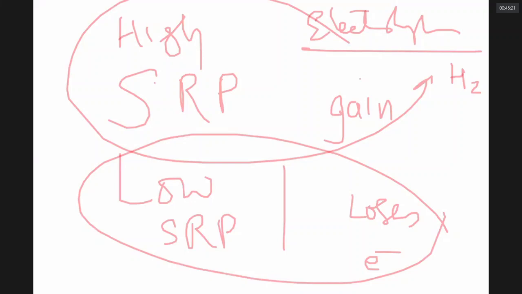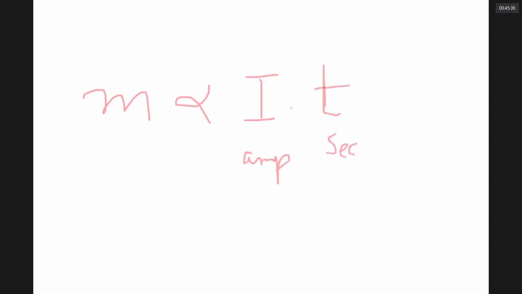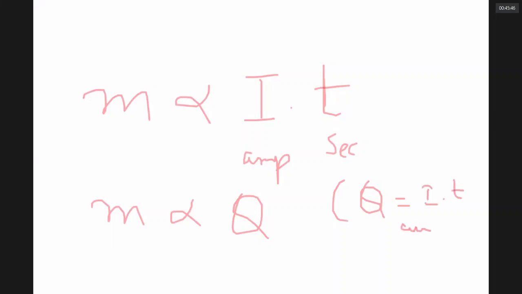Now my point is, when I am passing current, what is the mass of an element produced? The mass of an element produced is directly proportional to the current strength in amperes and the time during which current is maintained in seconds. M is proportional to Q, because Q is equal to I into T, ampere into second, called coulomb.